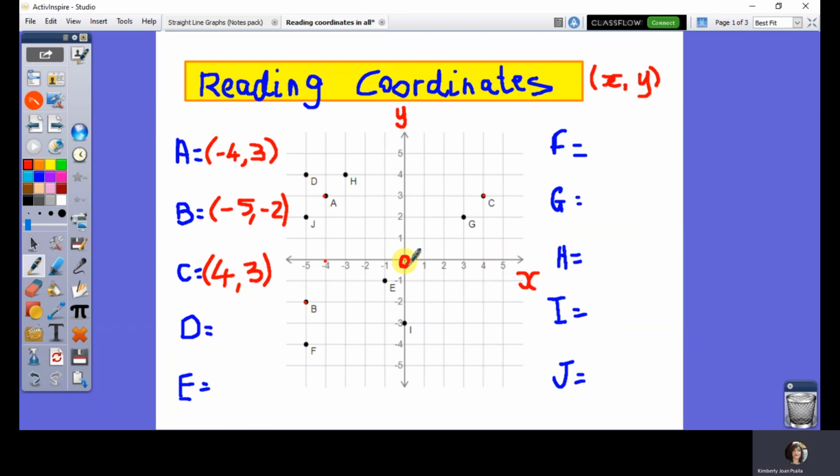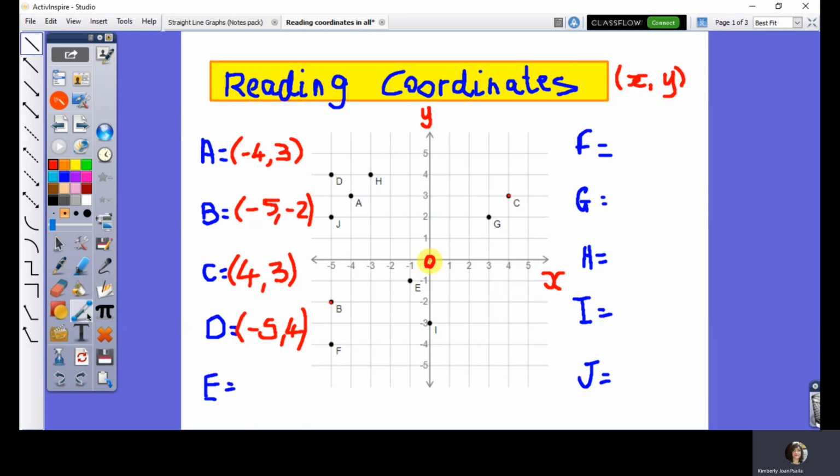Letter D, which is here. Start at the 0 position, and move along the x-axis first. So -5, and then go up 4. So -5 to the left on the x-axis and 4 up. Let me remind you of the trick I taught you in the last video.